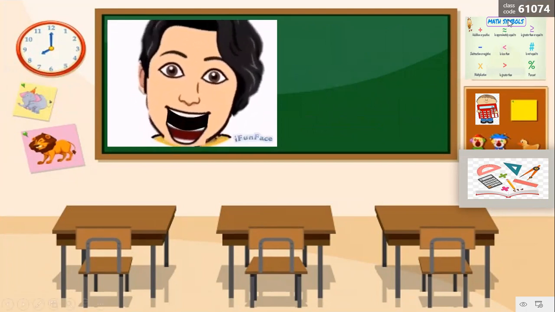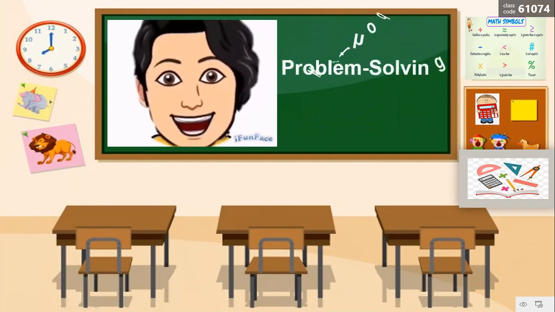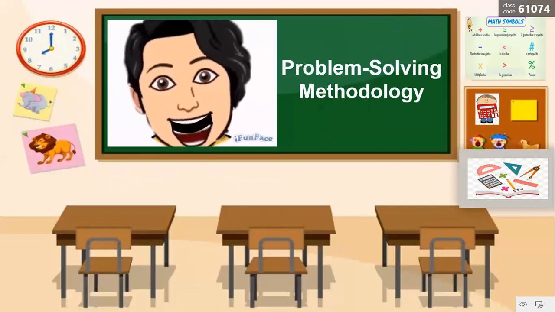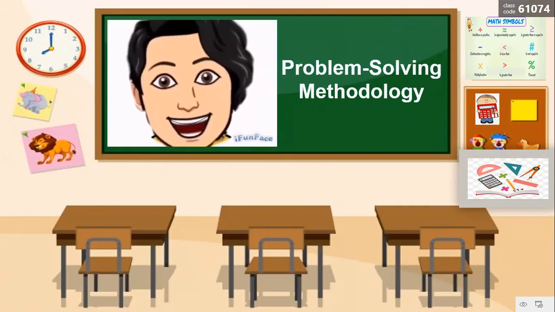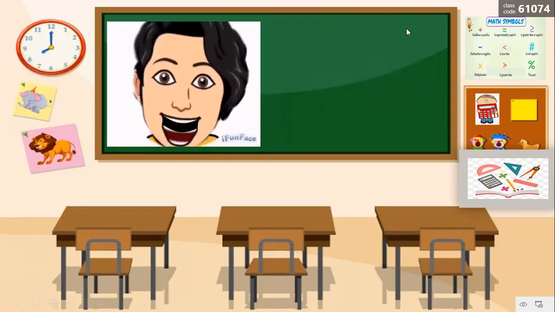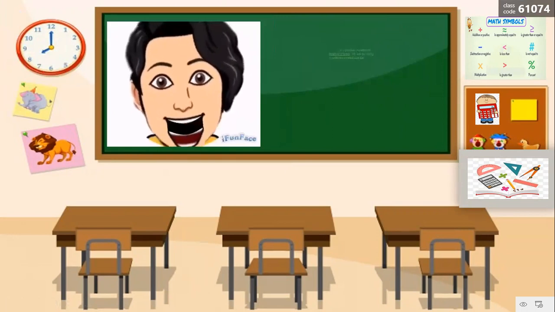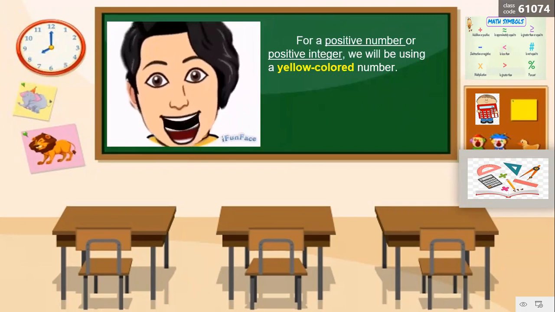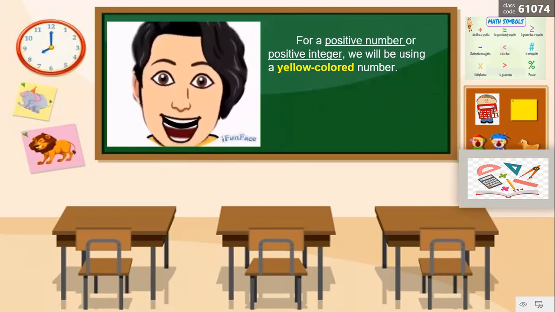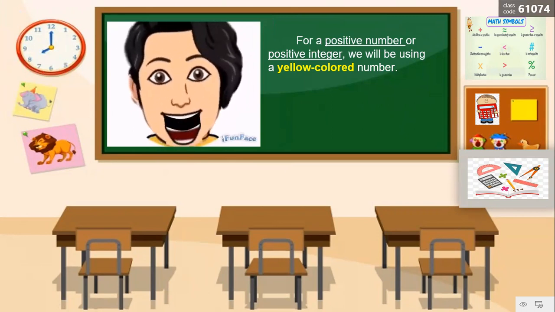The main objective of this lesson is to formulate a rule on how to add integers using one of the methods of problem-solving methodology. Are you ready? Okay, very good. In here, we will be using two colors to represent a number. For a positive number or positive integer, we will be using a yellow-colored number.